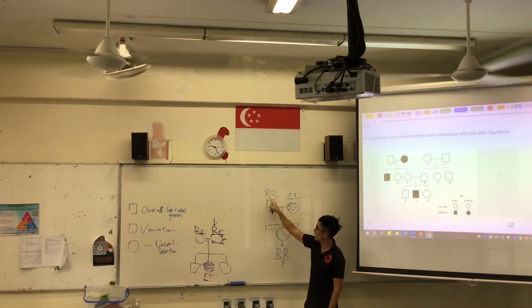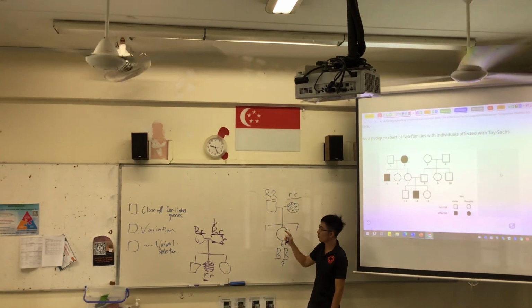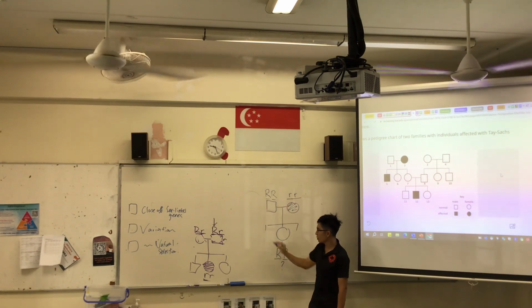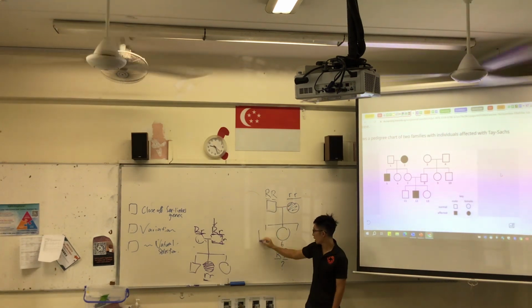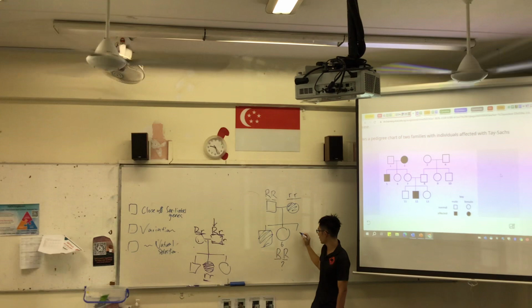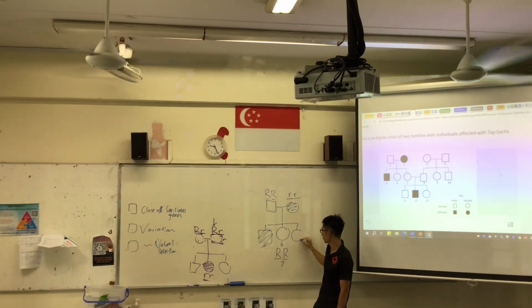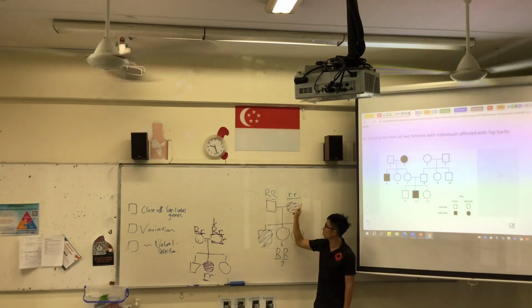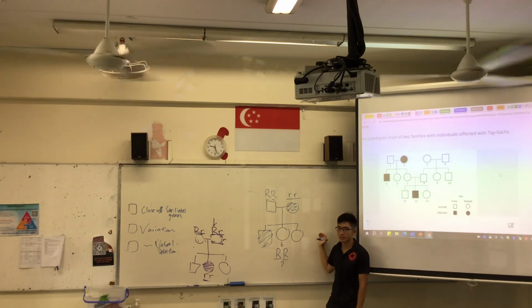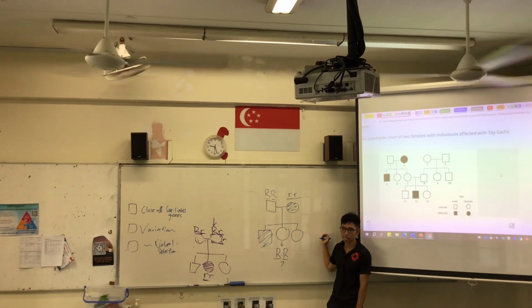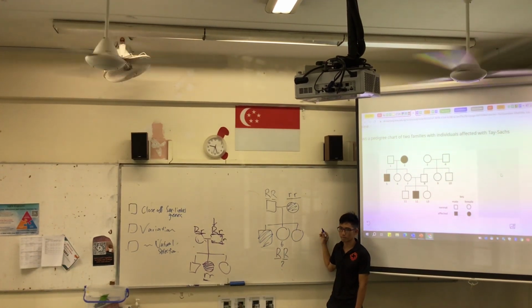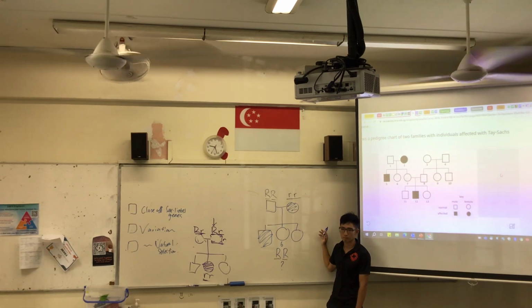Okay, if we claim that it is homozygous dominant, then we look at the offspring. Okay, the offspring, this one is affected, this one is not affected. With such a genotype, is it possible to get these offspring? How are you thinking?